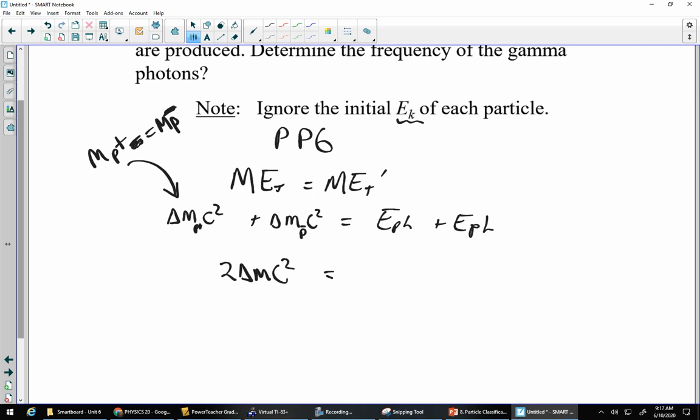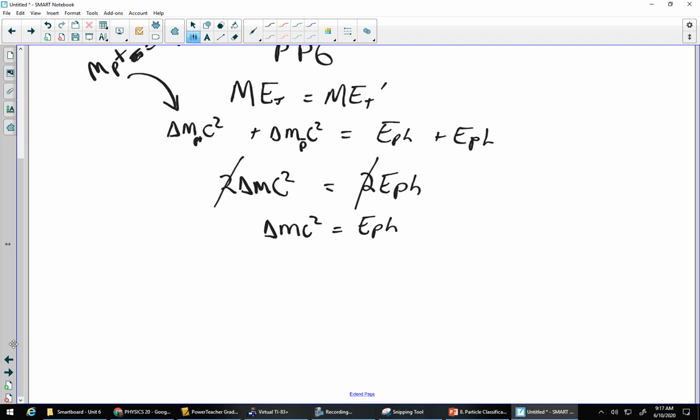Absolutely. And then these photons, well, if each proton and antiproton turns into a photon, those photons should have the same amount of energy. So it's 2 times the energy of a photon. Oh, look at that. You don't need those 2's necessarily. This is actually a little bit of an easier question. Delta mc squared is equal to the energy of one of the photons. Cool.